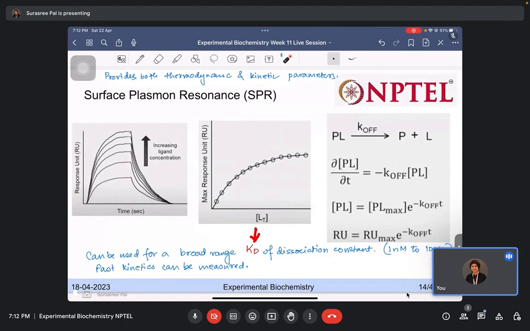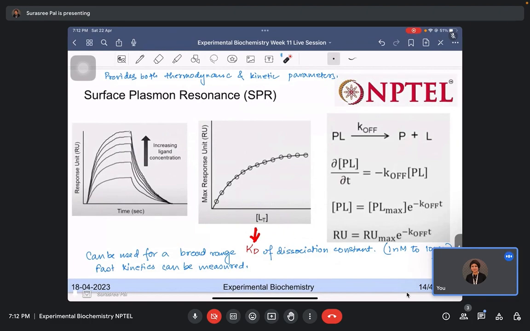So the ligands, when they are dissociating from the protein, cannot bind to proteins anymore. They are flowing out of the chamber, which is why we can see a decrease in the response signal, right? So PL dissociates to give rise to free protein and free ligand.